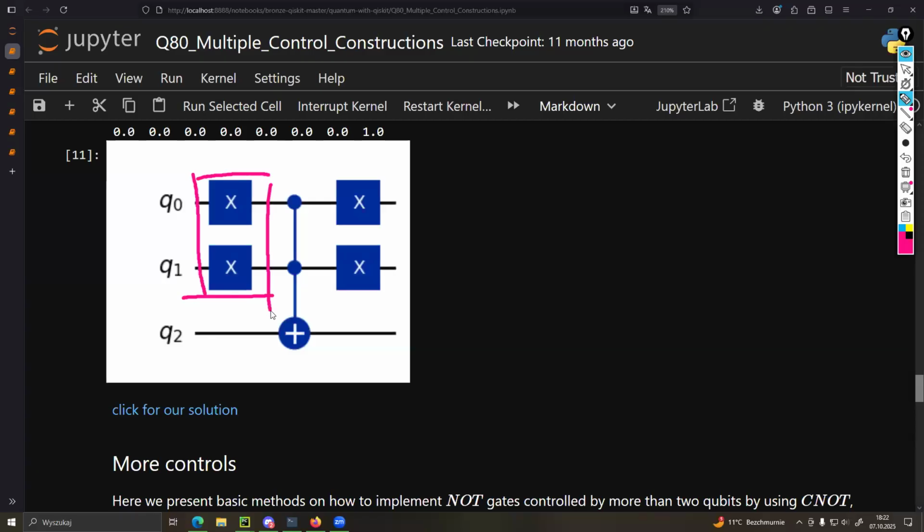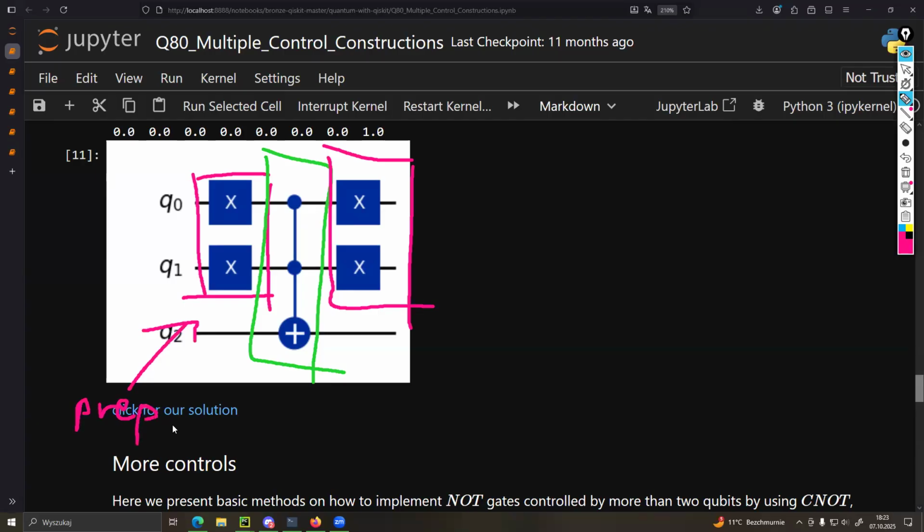The X gates before our conditional, and then X gates after the conditional. Because this is like a preparation, prep. Then the operation, op, and reversal. So this is the clarification that I wanted to make.